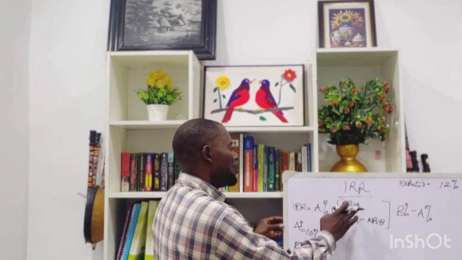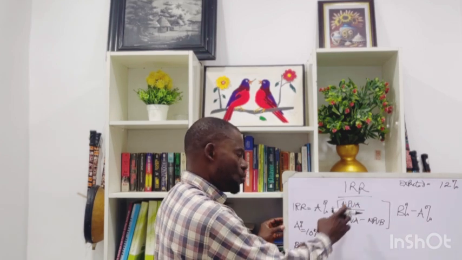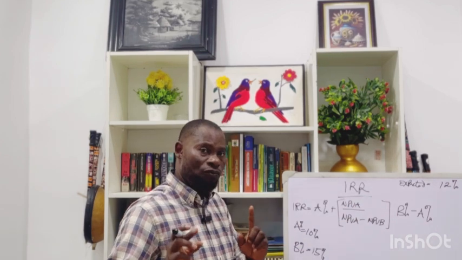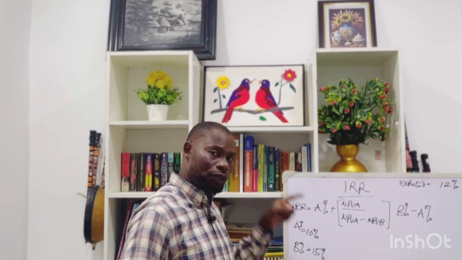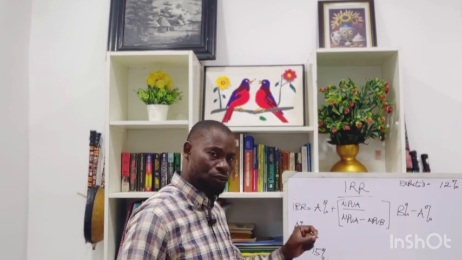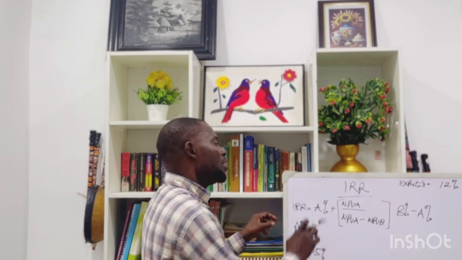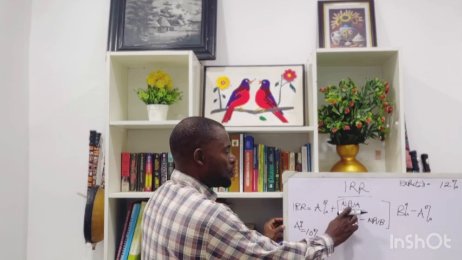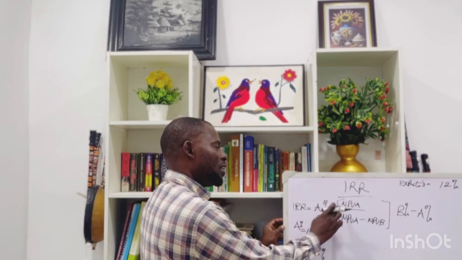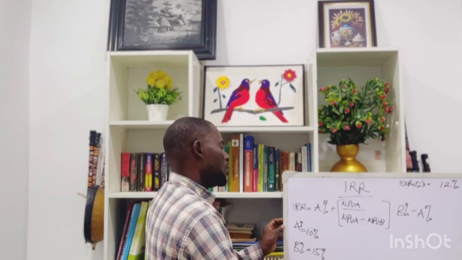Good. Now, this is NPVA. This NPVA stands for the value that we got from using the 10%. So the cost of capital that we used in the first experiment gave us a positive NPV, and that is what we call the NPVA. So A% gave us NPVA, B% gave us NPVB. Good.